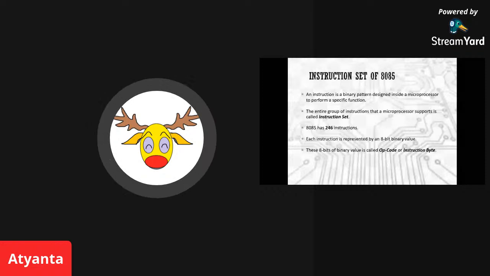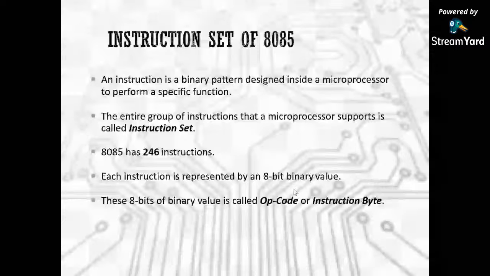The 8085 has 246 instructions. Tiap-tiap instruksi itu direpresentasikan oleh 8-bit binary value. So this 8-bit binary value is called an opcode, or instruction byte.